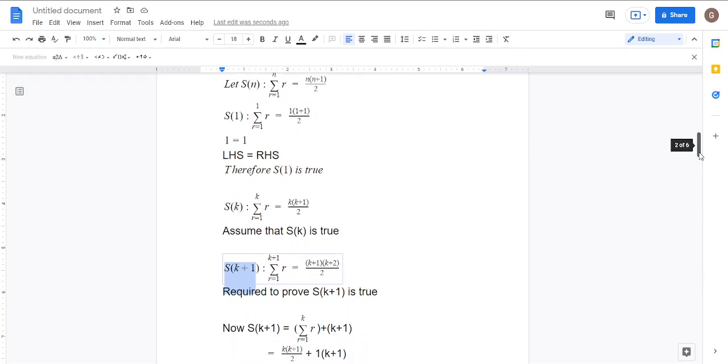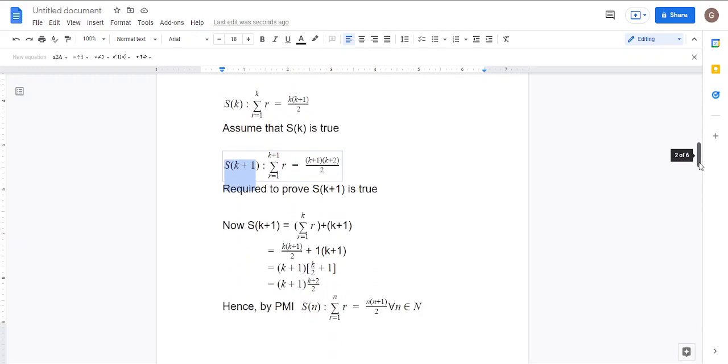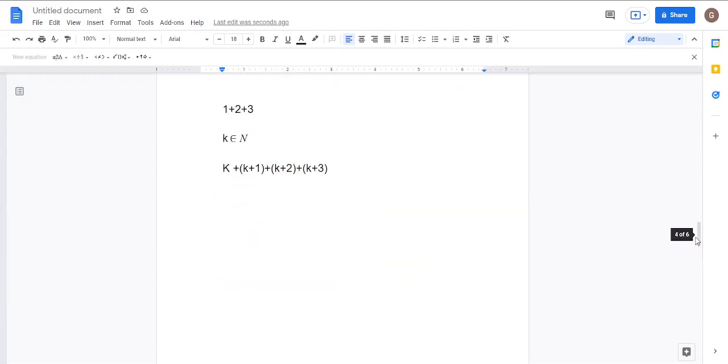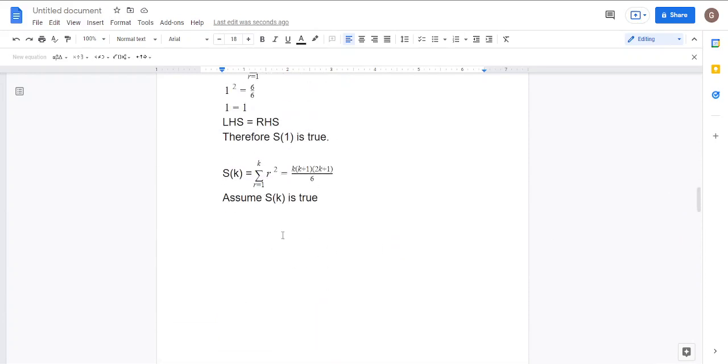Oh, so to replace it with k plus 1, and then we prove if it's true. Yes, exactly that. So let me go back to the page. As I said, we're letting k be any and every element in the set. So k plus 1 will be the element directly after it. So let me say S of k plus 1. So let me paste that.